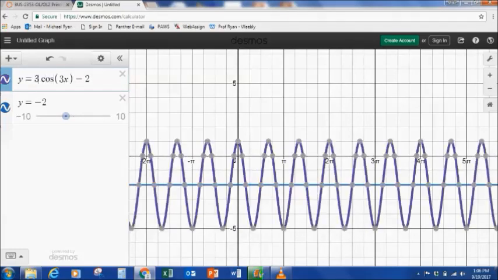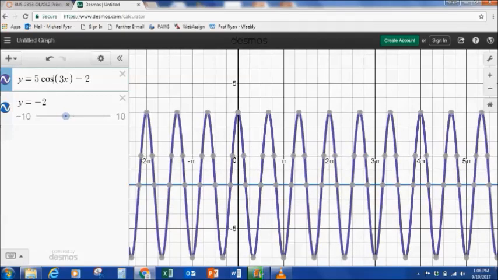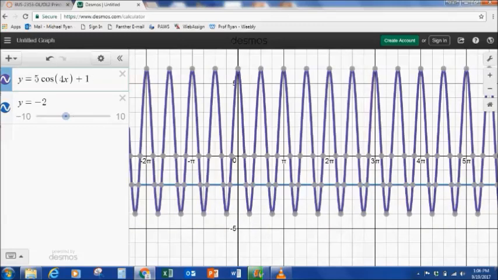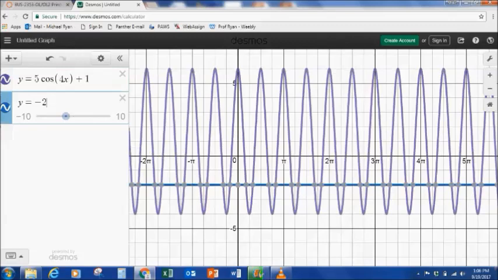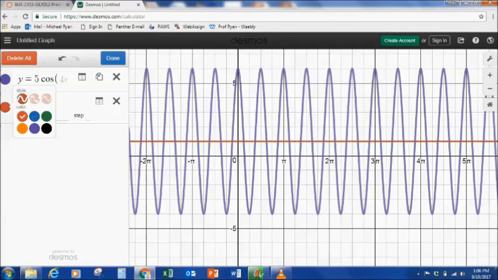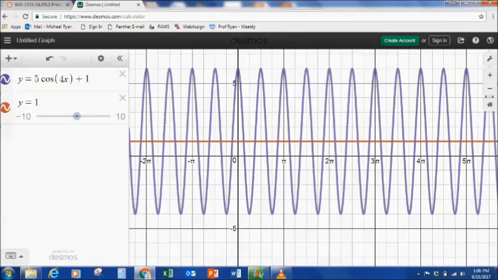If it was a cosine function, what if it was 5 cosine of 4x plus 1? Okay, I know it looks kind of crazy here, but here's what I want to show you. First of all, let me change the color here. First of all, notice that the middle of the graph is at +1. One way you can find the middle of the graph is take the highest y value, which in this case is 6, subtract... no, I'm getting that wrong.